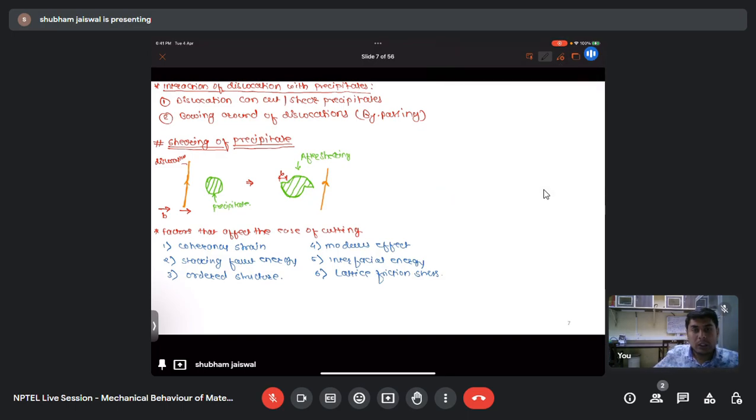Then we have seen that the shear stress required to cut these precipitates is directly proportional to root r. So this tau is directly proportional to root r. This gives us the information that the dislocation will prefer to cut or shear if the precipitate is small and coherent.